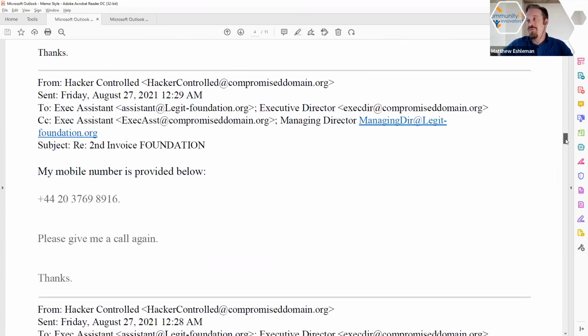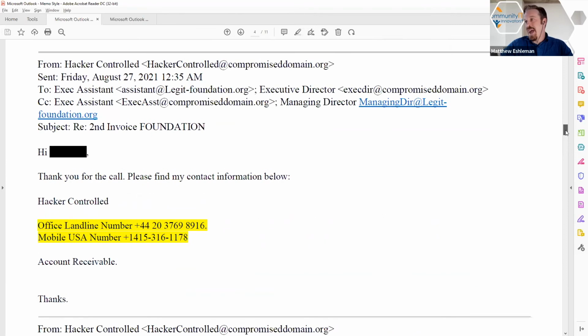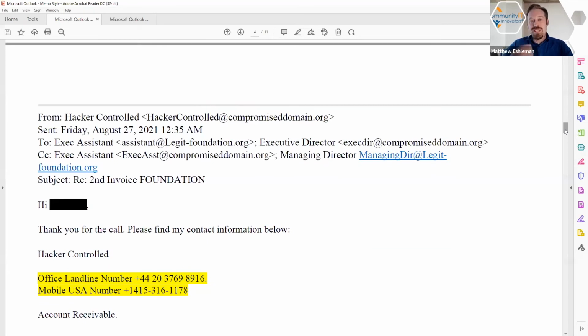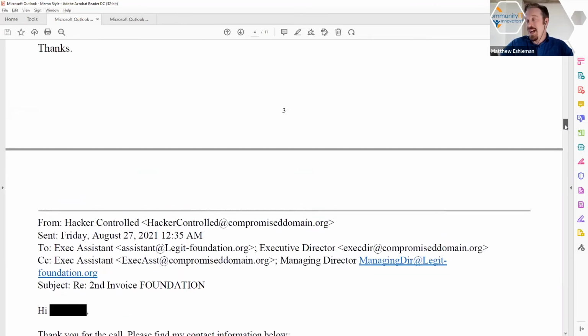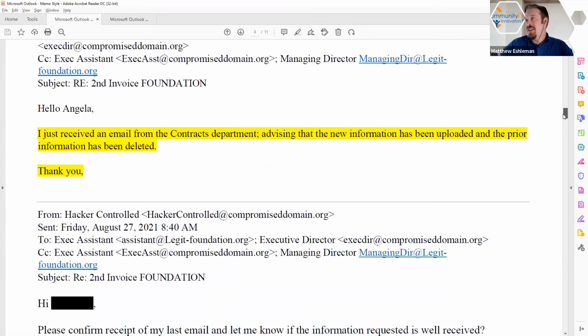Here's the updated phone number. The hacker now provides them an office and a mobile number for the accounts receivable. Being very helpful to provide contact information. I mean, you can almost see the person, like they know they're getting paid really soon. And so there's some urgency. So they're following up again.